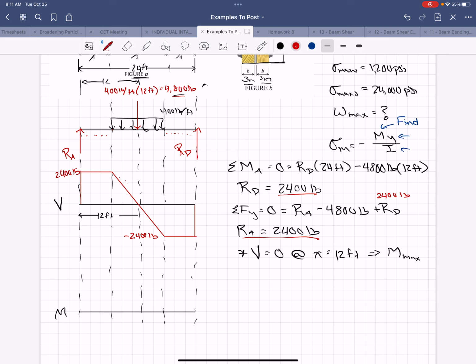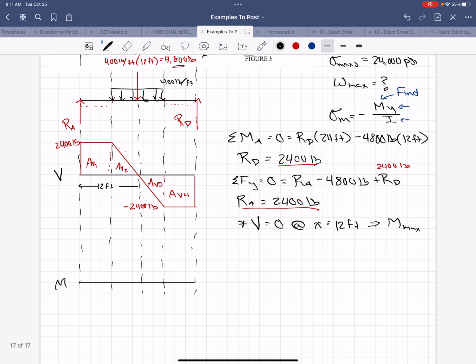So we have a shear area in here of area of shear 1. We could call this area of shear 2, this area of shear 3, and this area of shear 4. So we can calculate those.